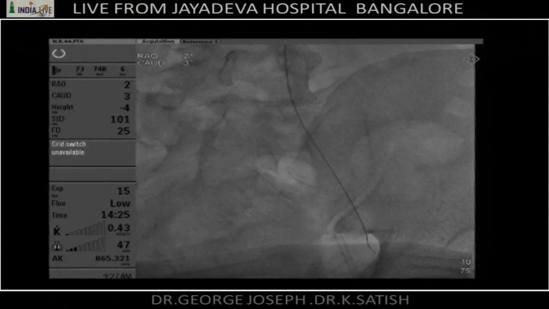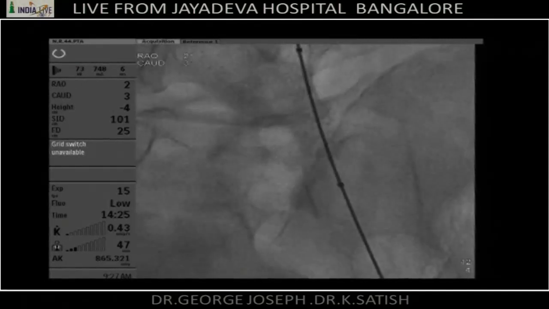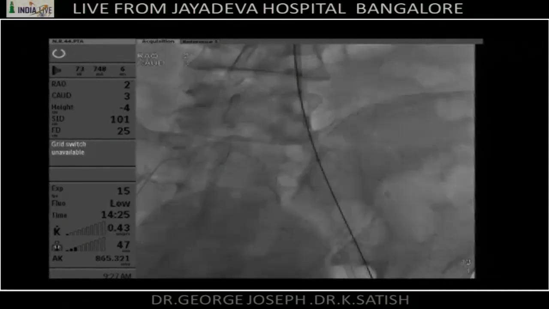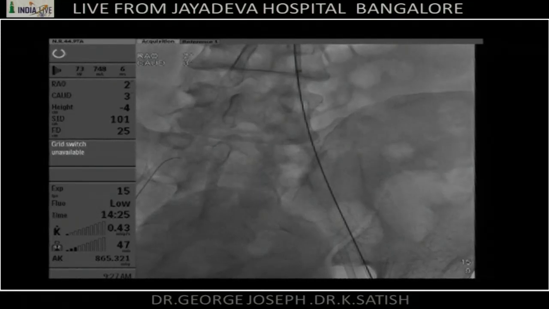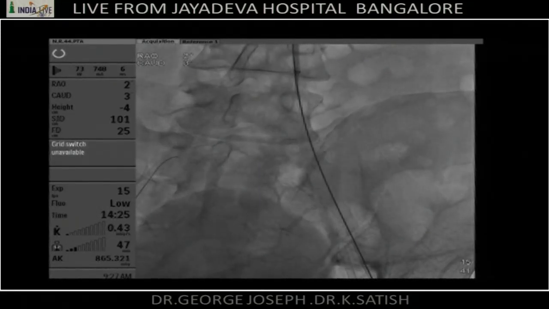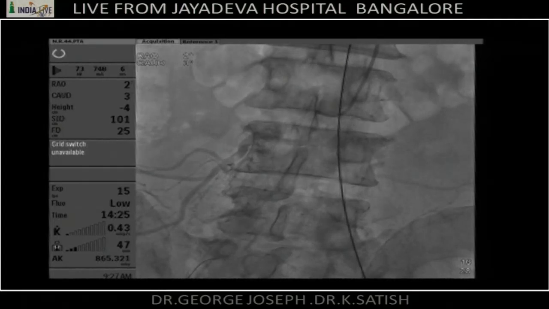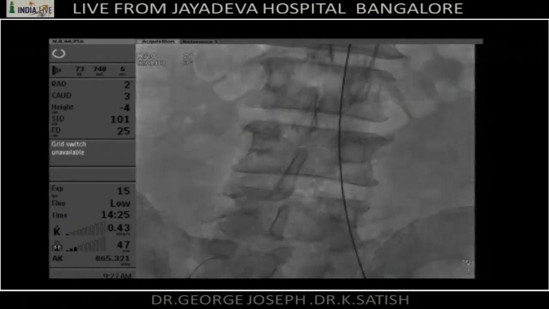We haven't stented it. We'll do that once we have recanalized the right common iliac. So that's where we are now. Any comments on how we should proceed? Antegrade, recanalization, retrograde? What would the panel suggest?